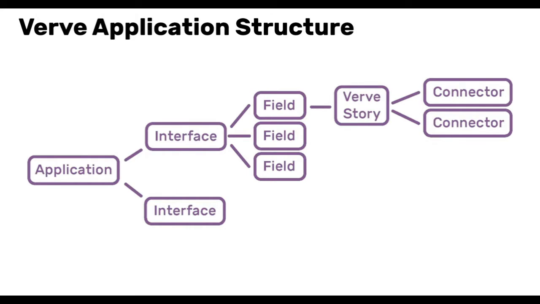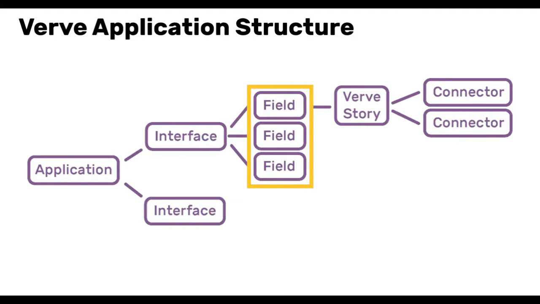The components of a Verve application are: the Verve Application object is the object that contains all of the other Verve objects that comprise one business capture application. The Verve Interface object contains all of the objects needed for one interface, including fields and content viewers. The Verve Field object is where data is entered.